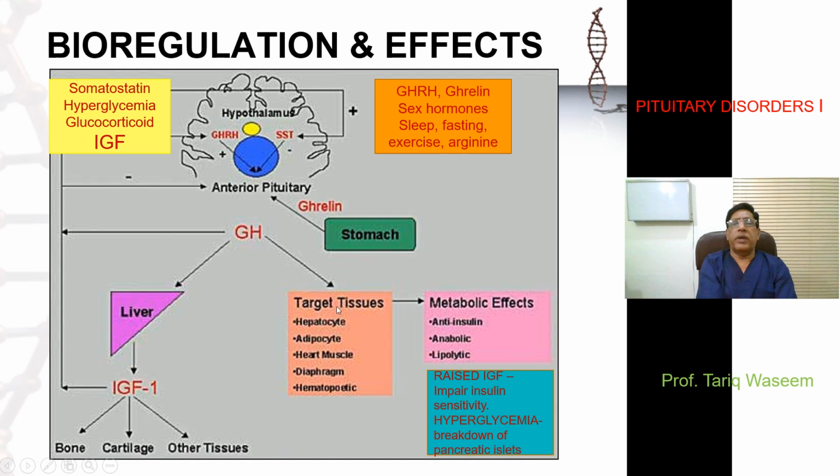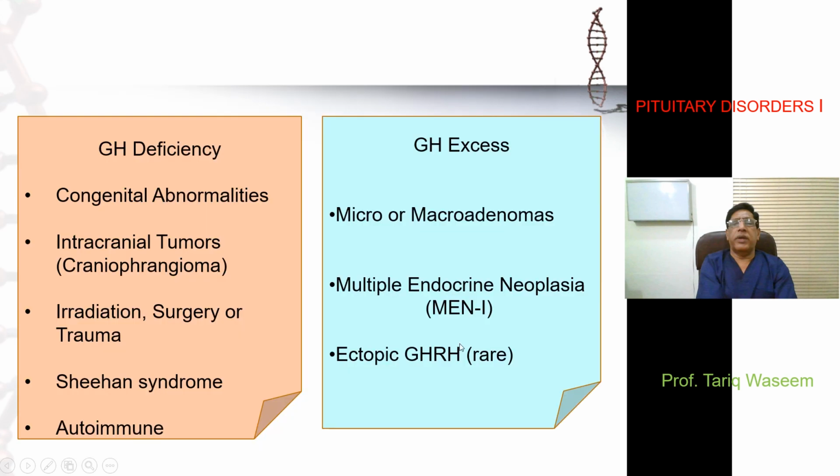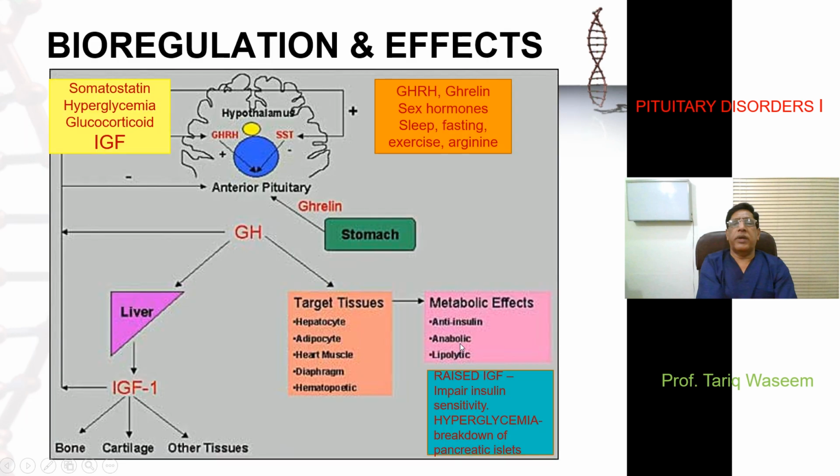Growth hormone has metabolic effects: it is anti-insulin, leading to increased glucose, and anabolic, leading to more tissue being used. This then results in raised IGF, which results in impaired insulin sensitivity, causes hyperglycemia, and sometimes also leads to breakdown of the pancreas.